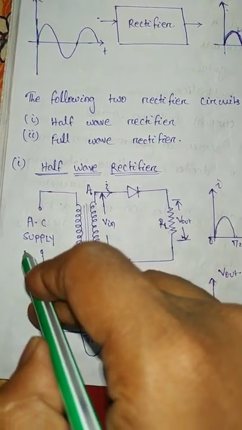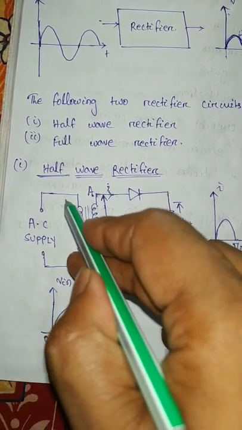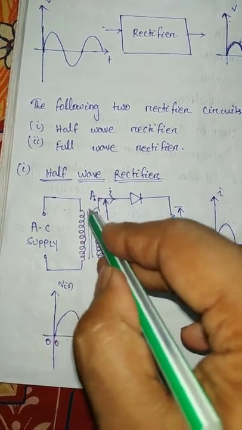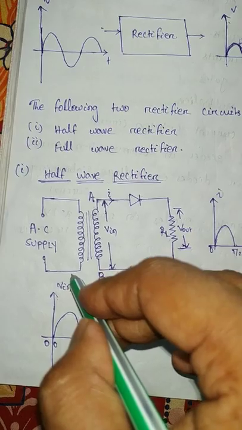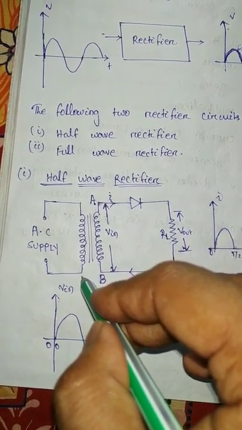Generally the AC supply is given through a transformer. Why do we use a transformer? There are two advantages. First, it allows us to step up or step down the AC input voltage according to the situation.